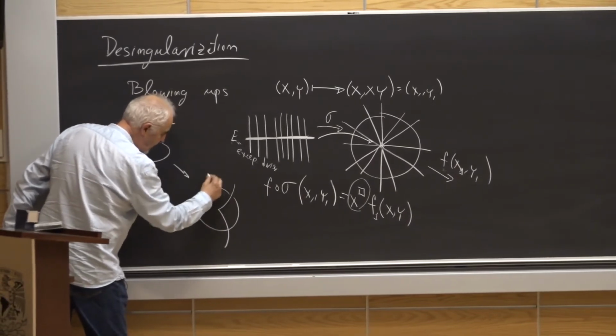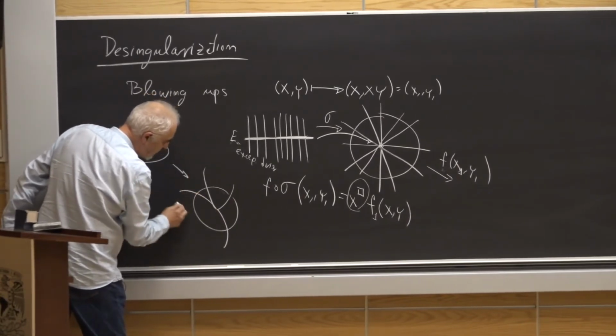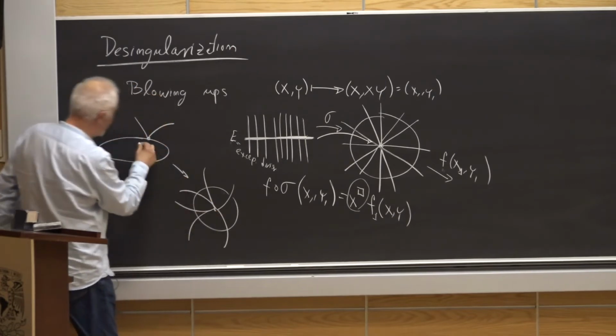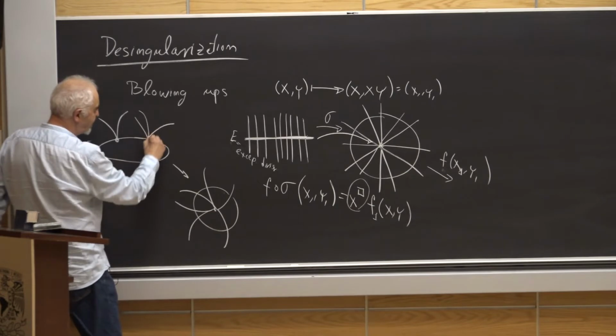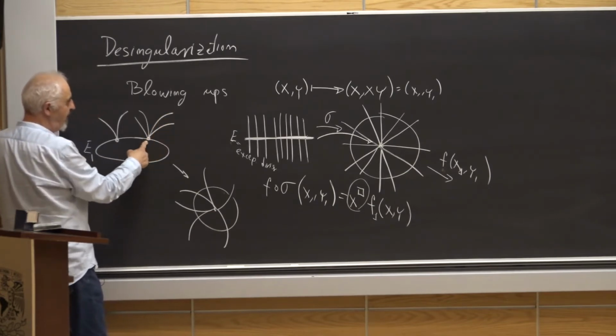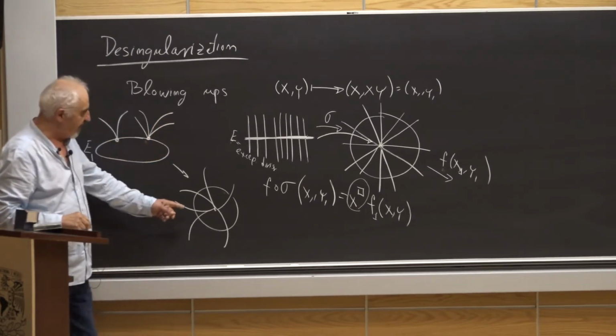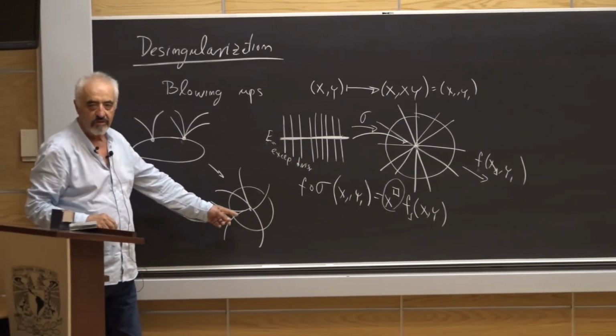If here I had several curves, then each one of these will be lifted to a different curve here, but perhaps some curves will lift to the same point if they have the same tangent cone.